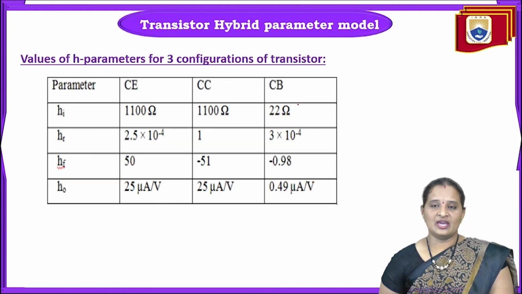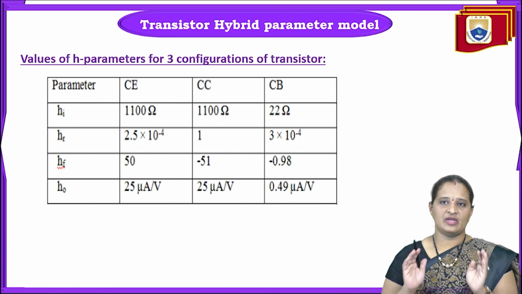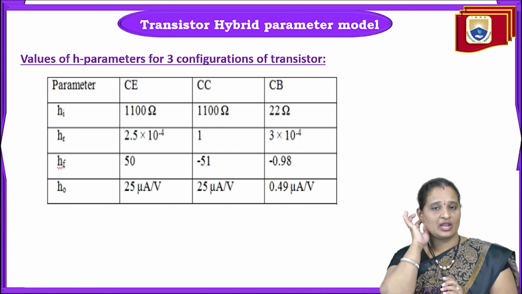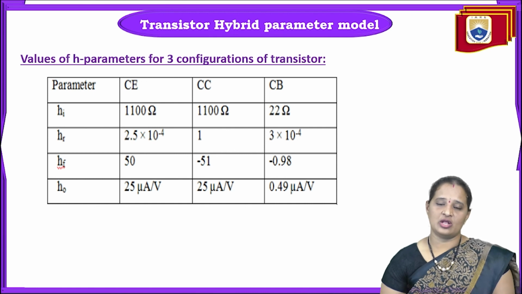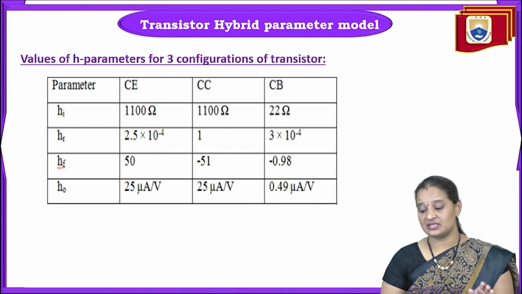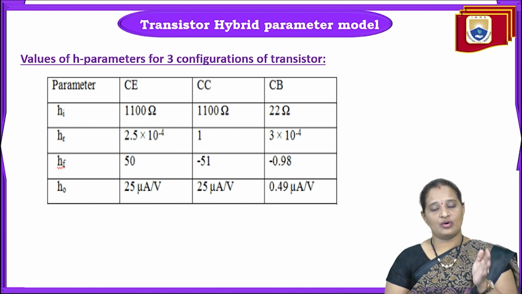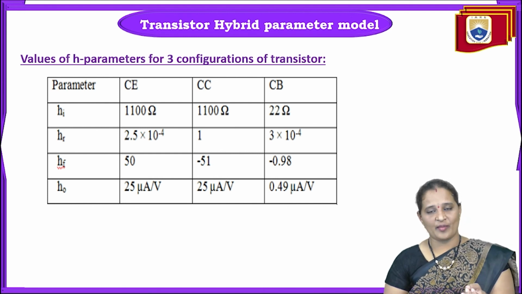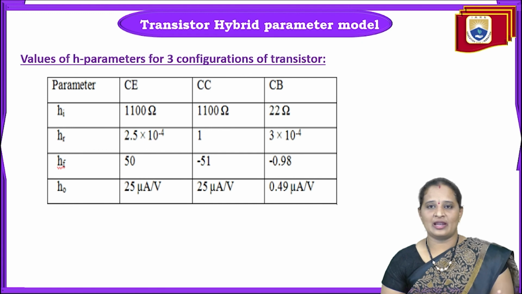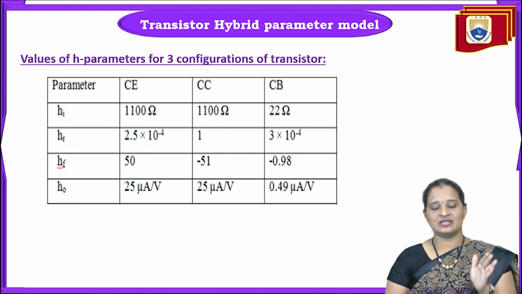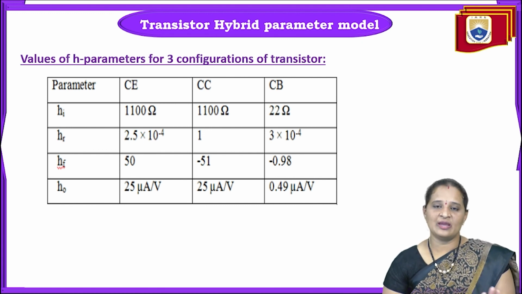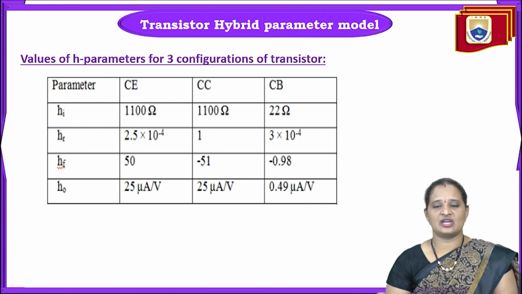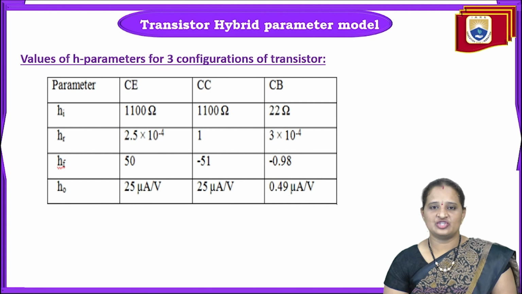The analysis of a transistor amplifier using the hybrid parameter model is the same for all three configurations. Based on the H parameter values, all the characteristic parameter values will also change.